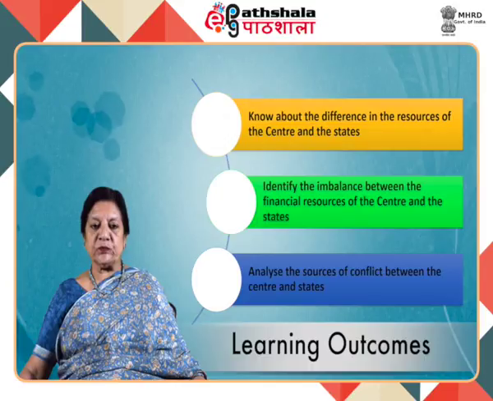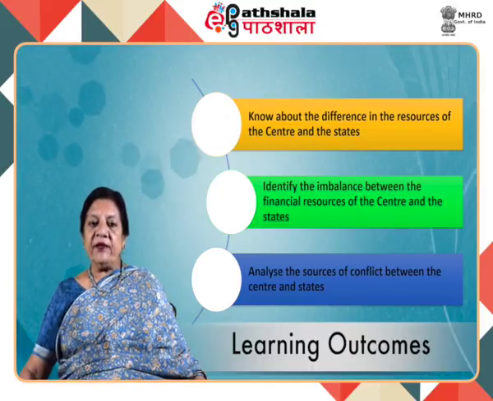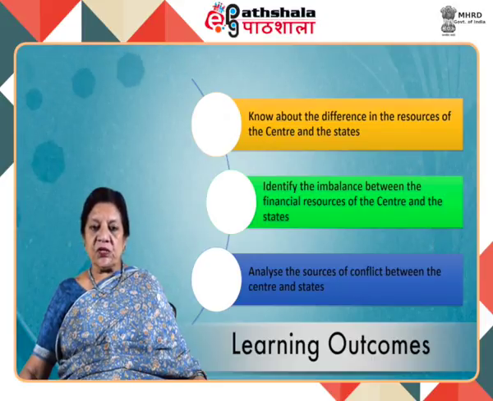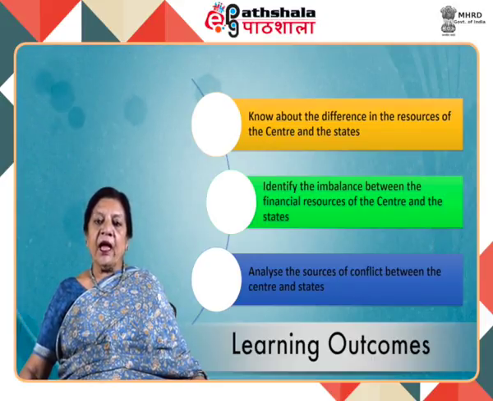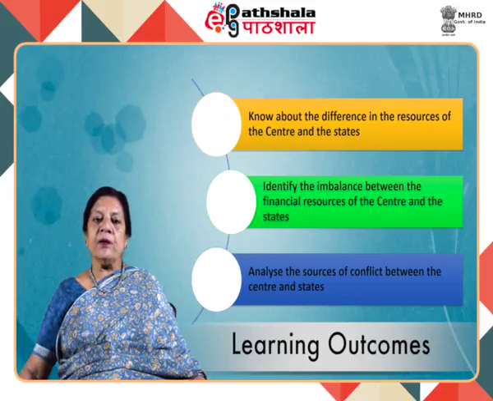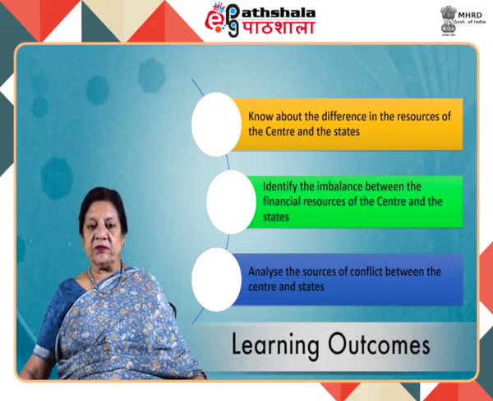resources to the states. Secondly, identify the imbalance between the financial resources of the center and the states as a basic cause of vertical imbalance between the center and the states.